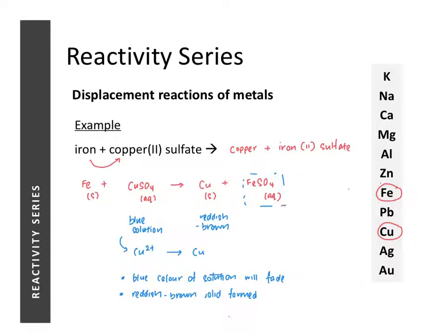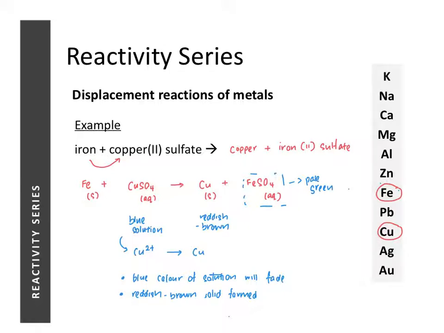It is pale green. But because of the paleness of the color, usually you will not be able to see it when you perform the experiment, unless the amount of iron 2 sulfate produced is a lot, we are unlikely to see the pale green solution.